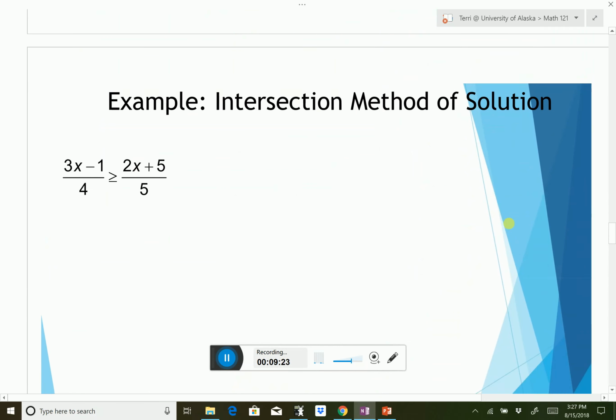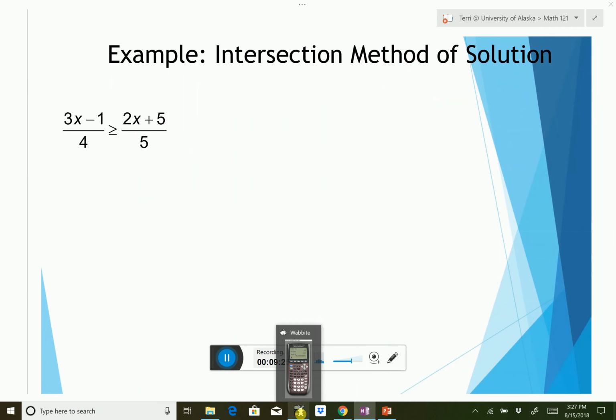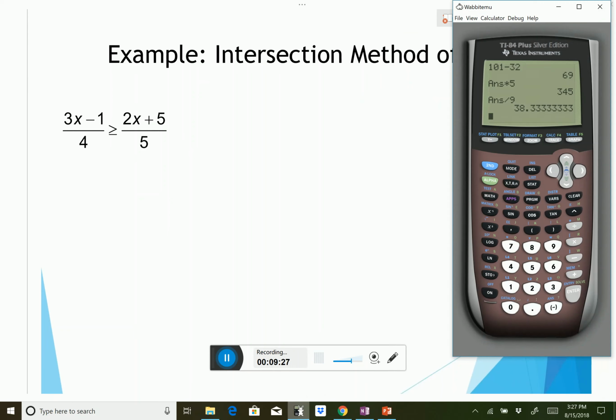So let's do an example of this. So here we have y1 is going to be, in parentheses, 3x minus 1, divided by 4. And clear that out. So 3x minus 1 divided by 4.